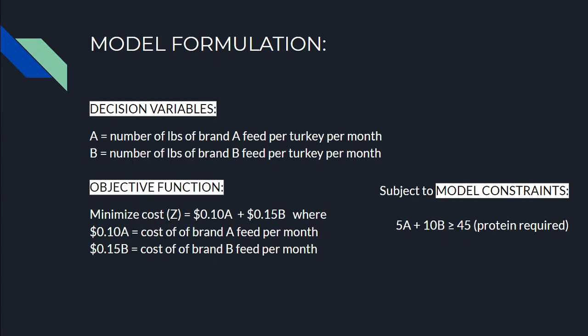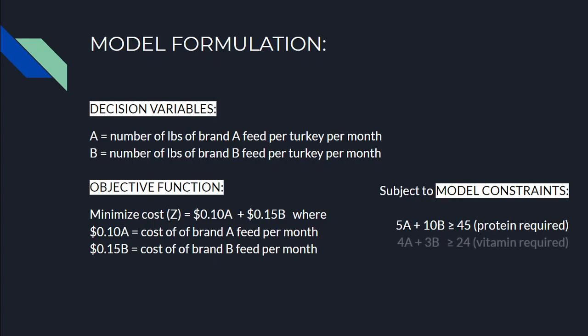Now, given this, yung total requirement na kailangan nating ma-meet ay dapat at least 45 units of protein. Okay? Or 45 pounds. So, in that case, dahil at least yung ating hinahanap, yung 45 yun yung minimum, therefore, yung magiging sagot natin, which is 5A plus 10B, dapat at least equal or greater than 45. So, this is our first constraint with regards to protein.